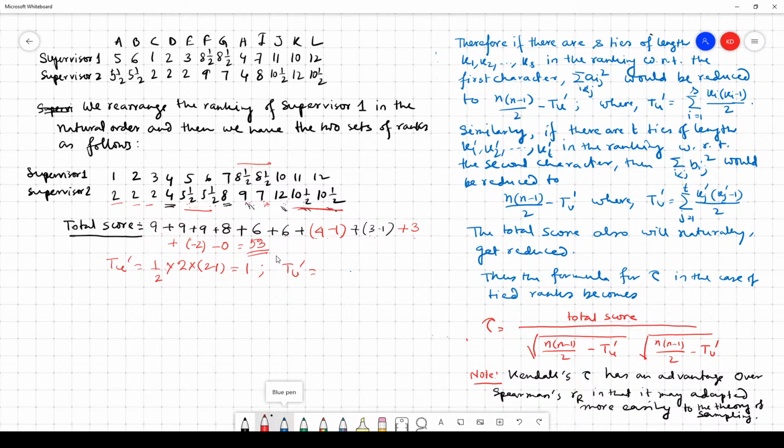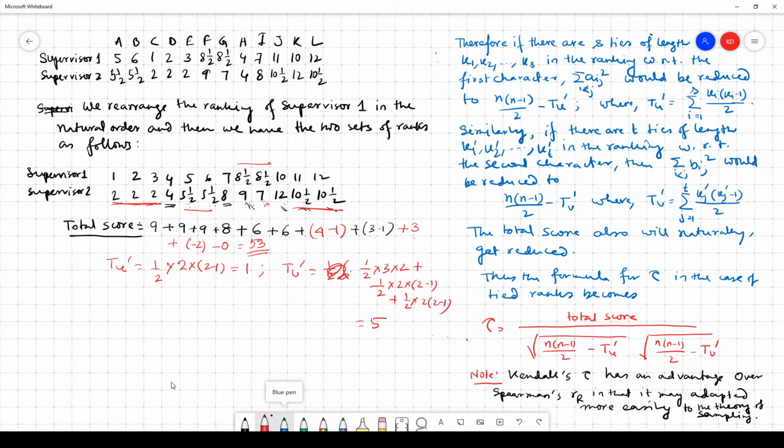Okay, so it should be half into, sorry. So now another, there are 3 ties. One is length 3 and other 2 are length 2. Okay, so this should be half into 3 into 2 plus half into 2 into 2 minus 1, and half into 2 into 2 minus 1. So it should be 5, TV dash.